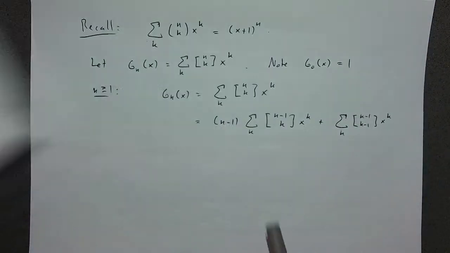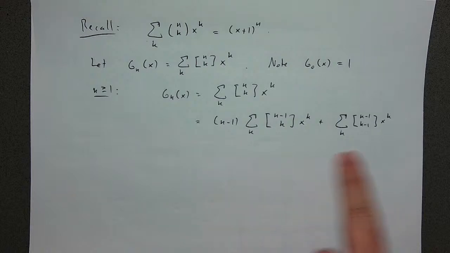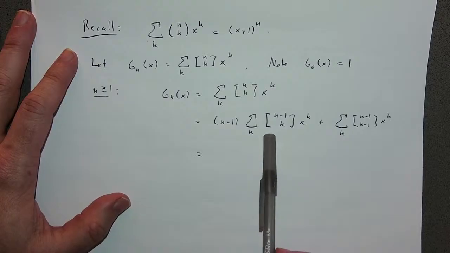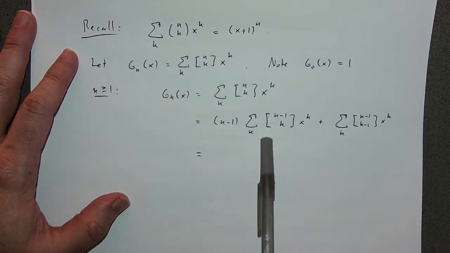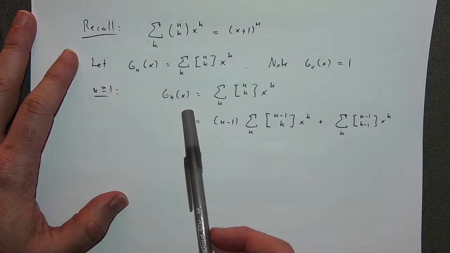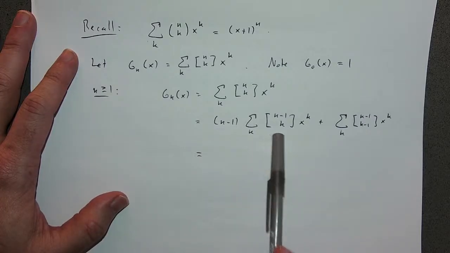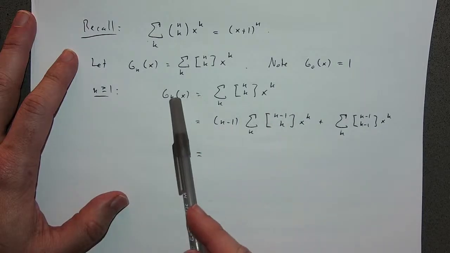So using this for n greater than or equal to 1 for my coefficients in this generating function, this is what I get. Of course, I do this so that I can notice that there's this self-referential recurrence going on here, where this is actually just the generating function for the same quantity except for n minus 1.